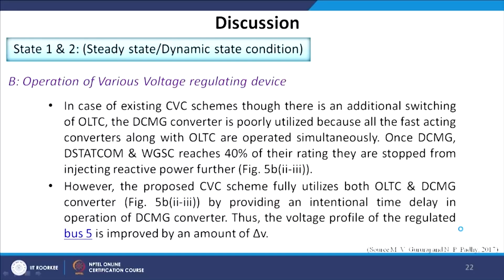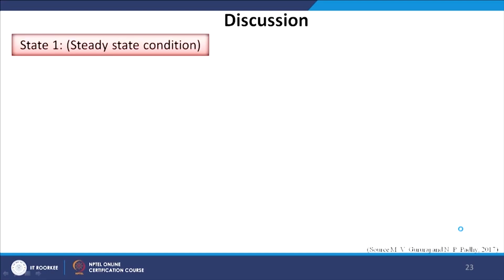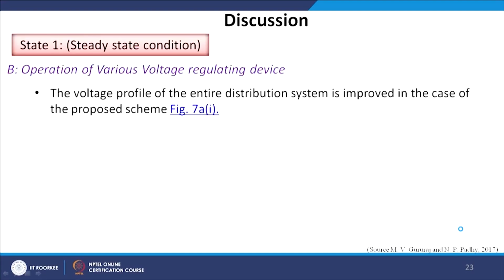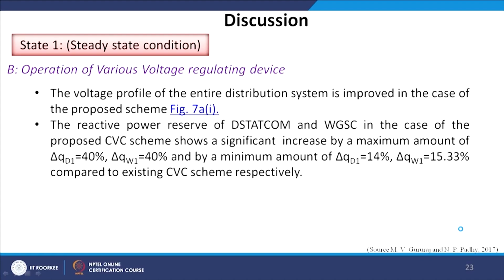Thus, the voltage profile of the regulated bus 5 is improved by an amount delta V as shown in the previous diagrams. Now, the voltage profile of the entire distribution system is improved in case of the proposed scheme, which can easily be verified.